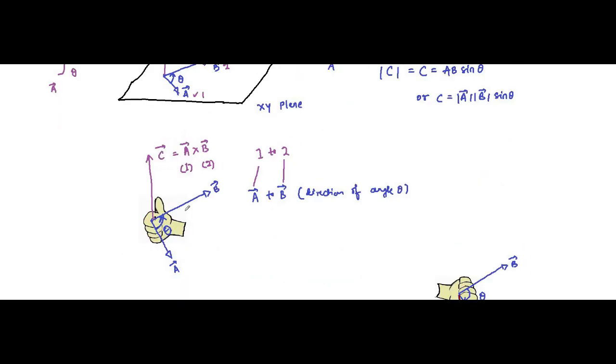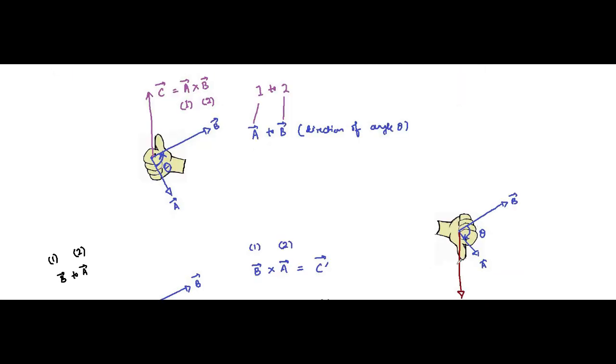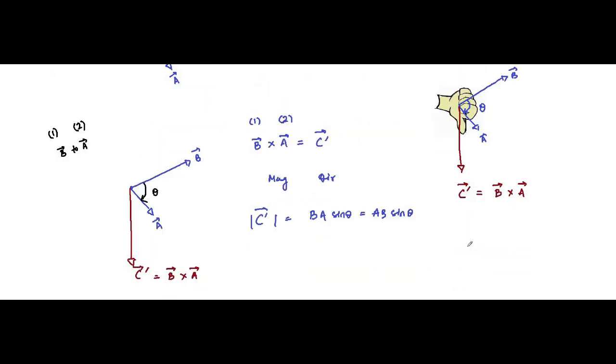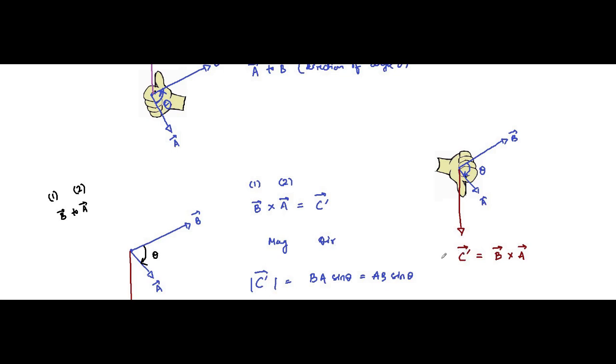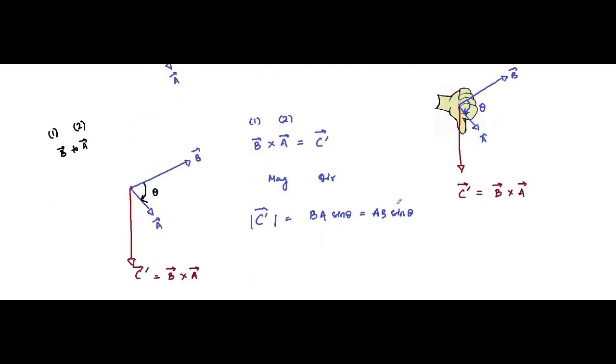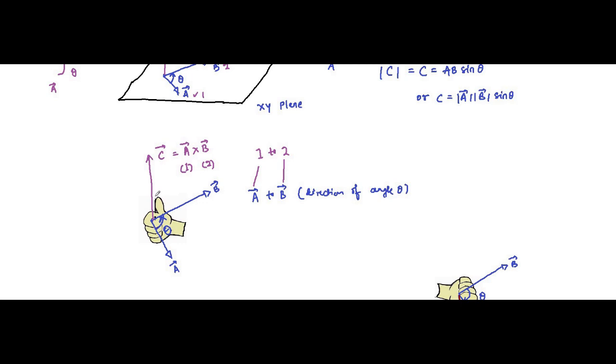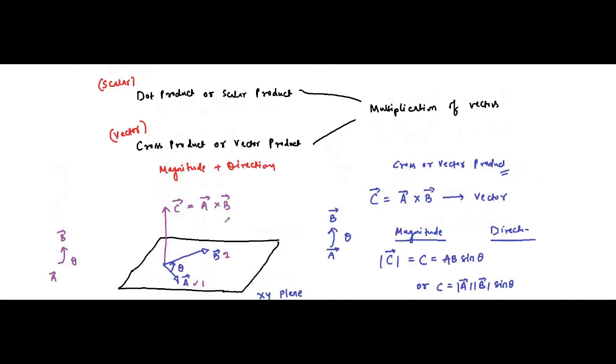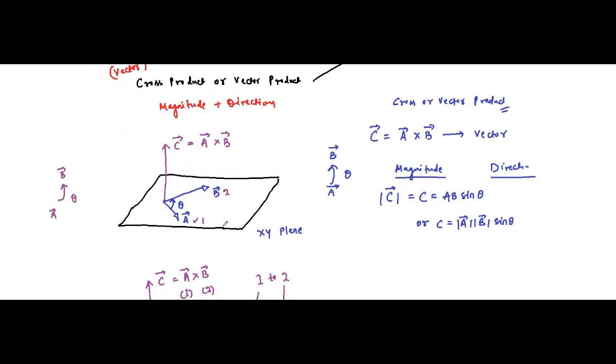So the resultant vector has the same magnitude, but it is directed in the opposite direction as compared to the first case. Okay, so this is the basic principle of vector product or cross product.